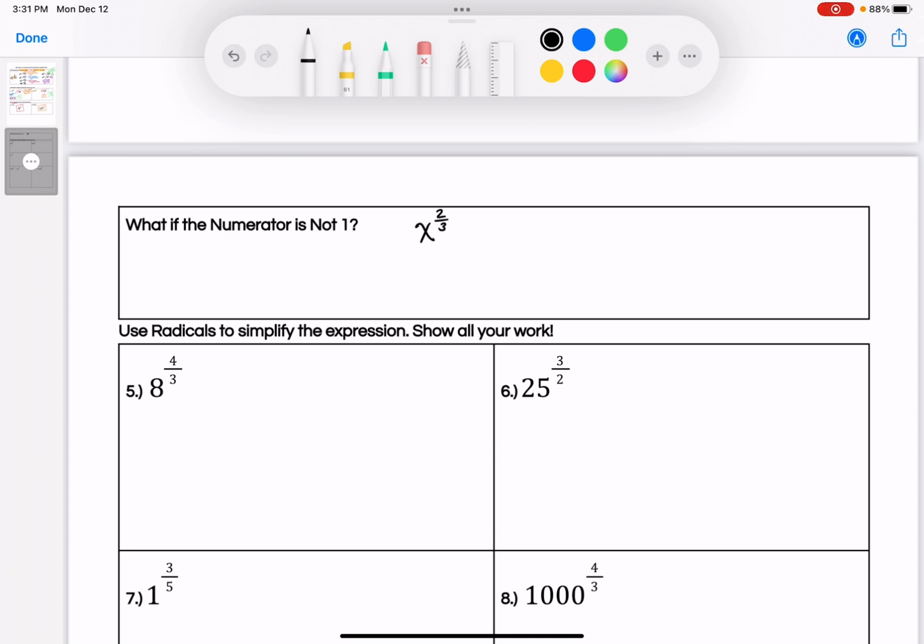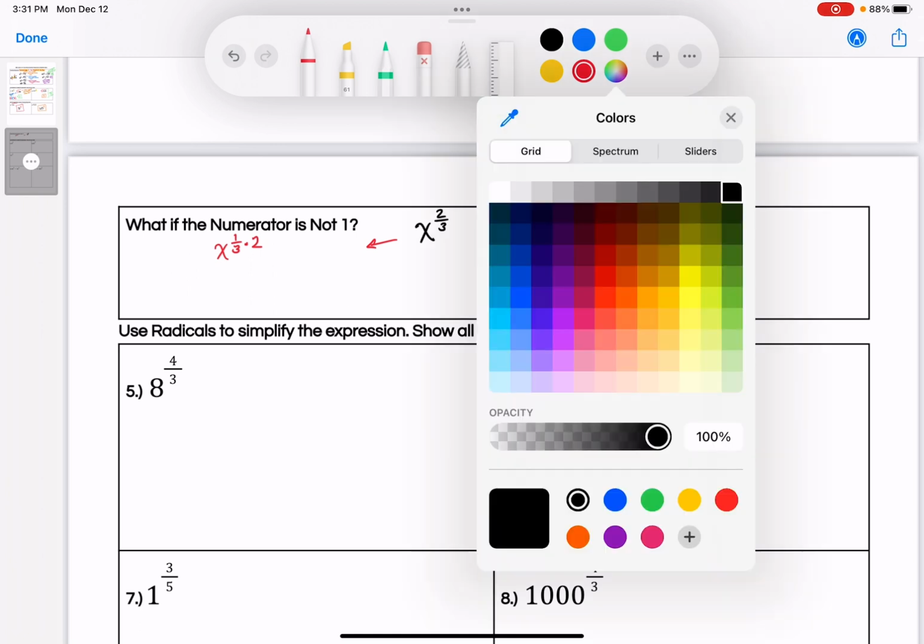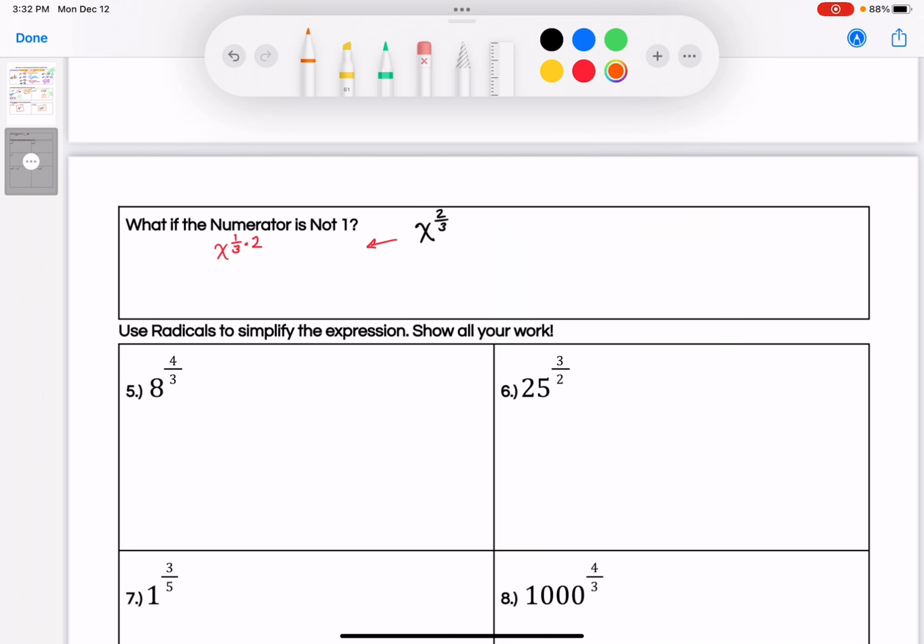So if I think about this, if I have x to the 2/3 power, one option would be that this is really x to the 1/3 times 2, right? 1/3 times 2 would give me 2/3. Do we agree? Hopefully. Okay. Well, thinking about my exponent properties, when do I multiply exponents? I multiply exponents when I have a power to a power, right?